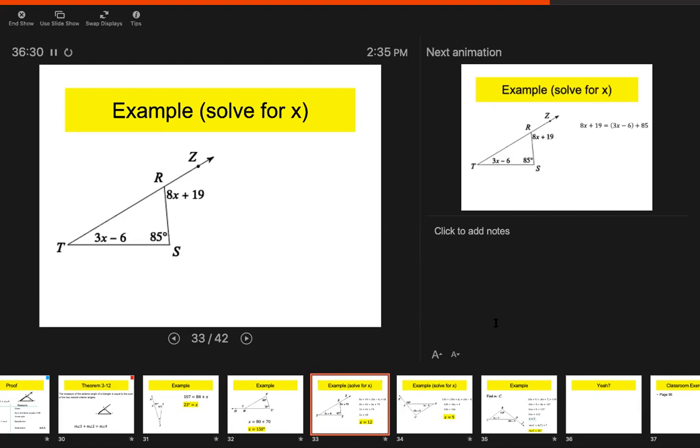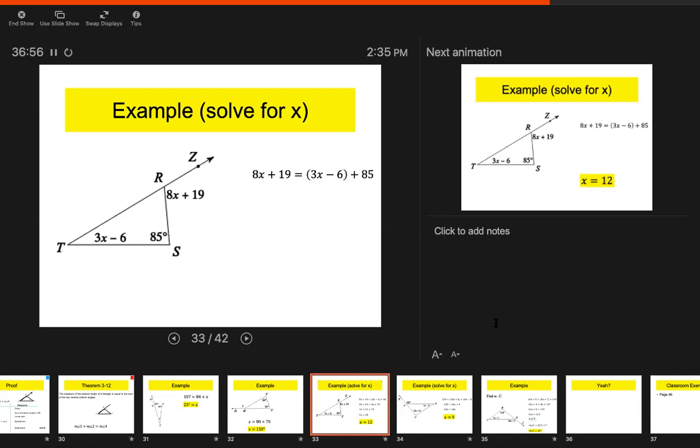Now try it again. So 85 plus x. Take a deep breath and do it right this time. The exterior angle is equal to the sum of the two remote interior angles. So it's 8x plus 19 equals 3x minus 6 plus 85.